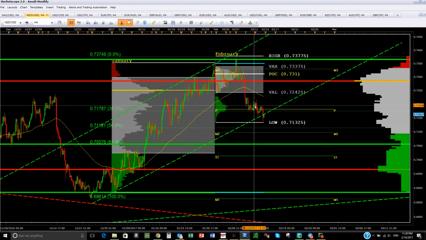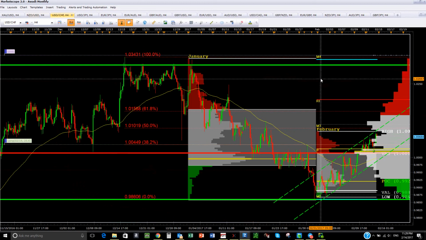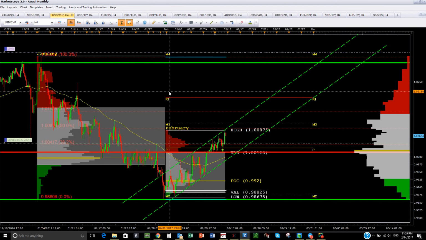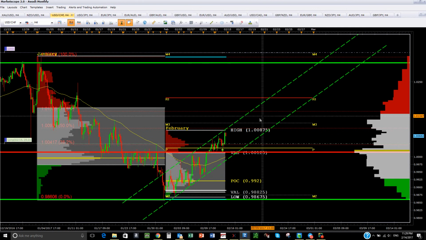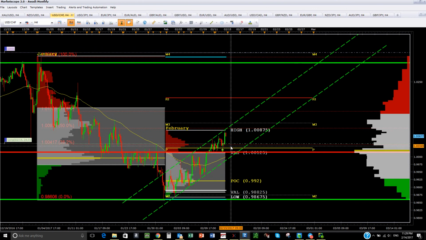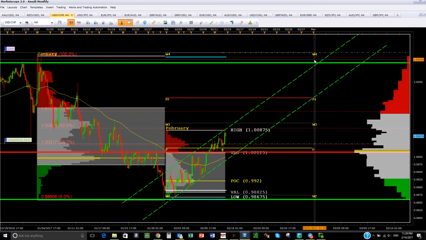Anyway, US franc, I'm still buying and following that channel, and mainly my target is this main resistance line, and I take it in my M4, the middle 4.